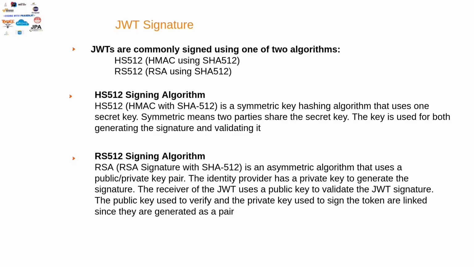The public key used to verify and the private key used to generate the tokens are linked, since they are generated as a pair. So no one can modify a generated JWT because it's signed by one of these two algorithms.